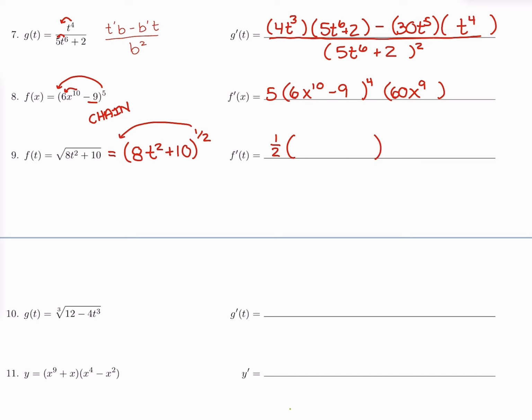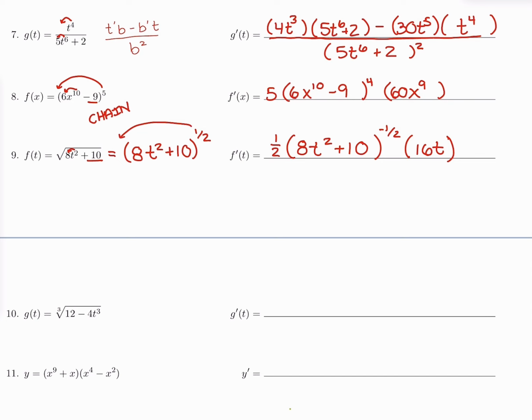That way I can subtract 1 from the new power. 1/2 minus 1 is negative 1/2. So we keep that same inside piece raised to our new power. Last part is multiplying by the derivative of the inside. Derivative of 8t squared is 16t, and the derivative of 10 is a constant. So derivative of 10 is 0.